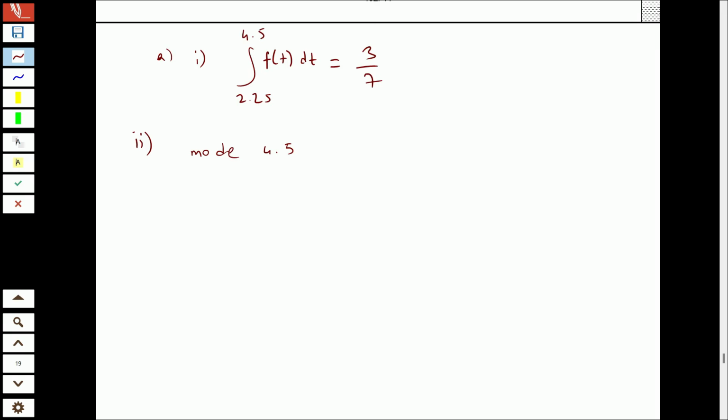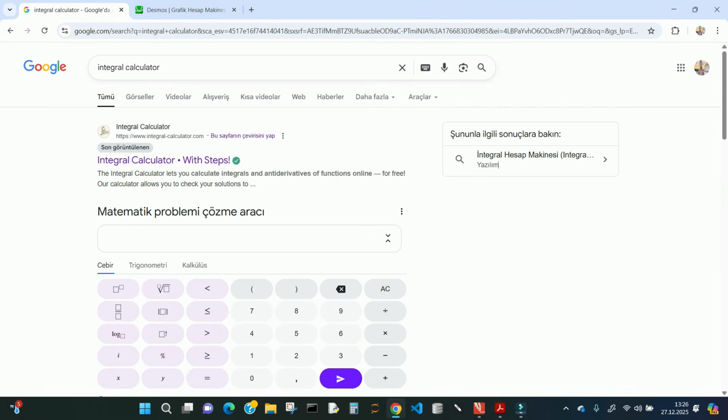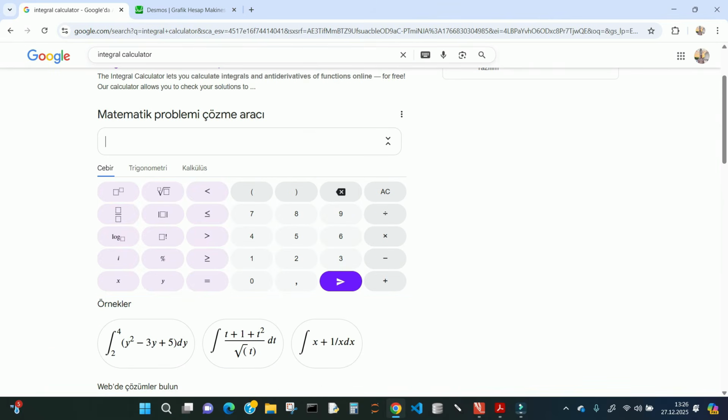So how are we going to find the median? The integral of this function from 2.25 to t, since we are looking for the median, should be 1 over 2, right? That is the solution of this integral. I will use the previous integral that we wrote here again.